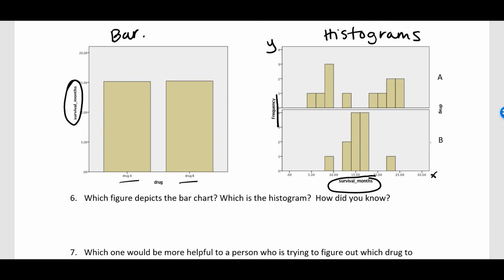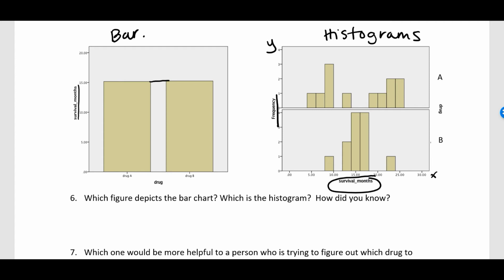So when we're looking at these, if you look just at this bar chart, if you didn't have the histograms at all, if all you had was this bar chart, then you would look at this and say, okay, the survival months, they're almost the same, right?